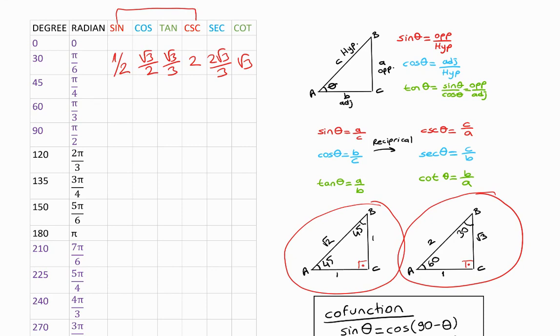Let me find 45 degrees. So for 45 degrees, I will use the first triangle from here. So sine is the opposite side, 1 over square root of 2, which is square root of 2 over 2. Let me write it like that.